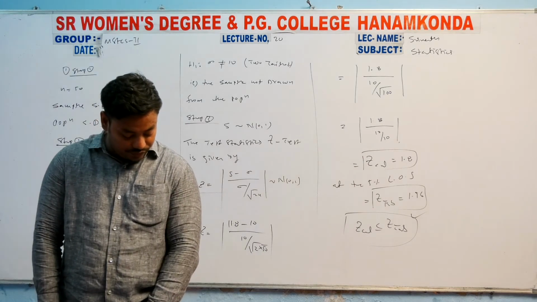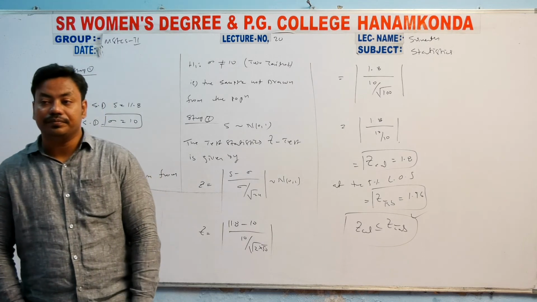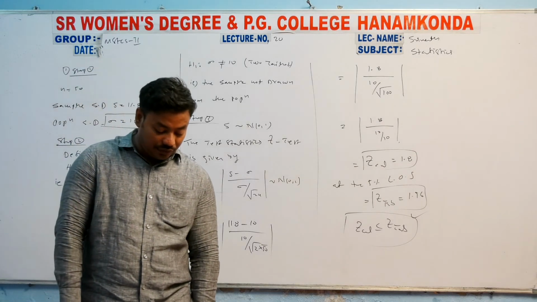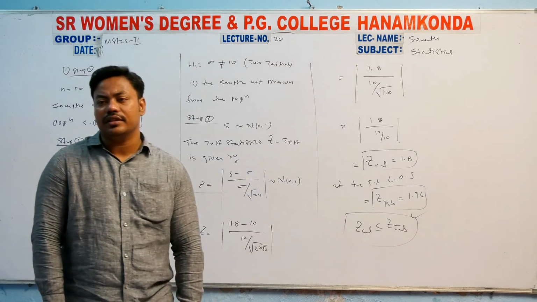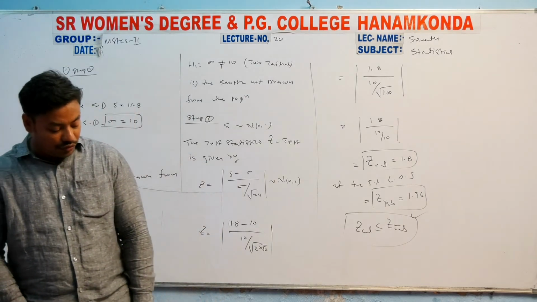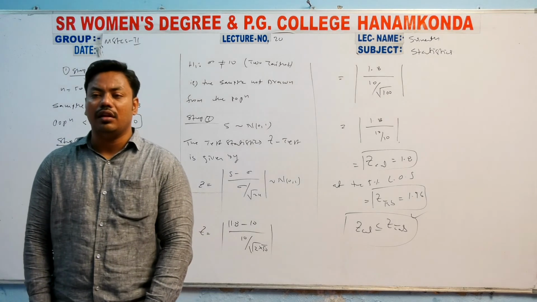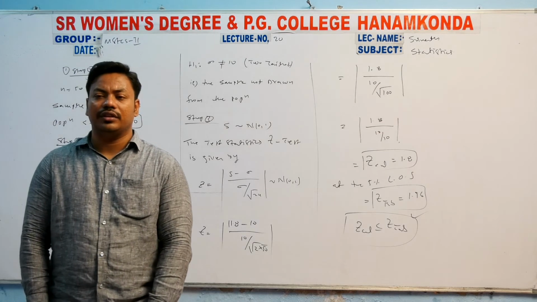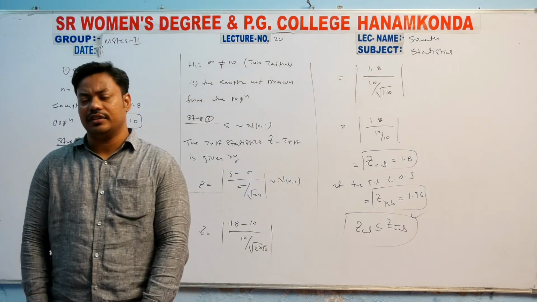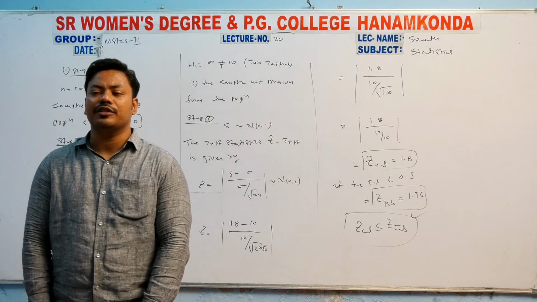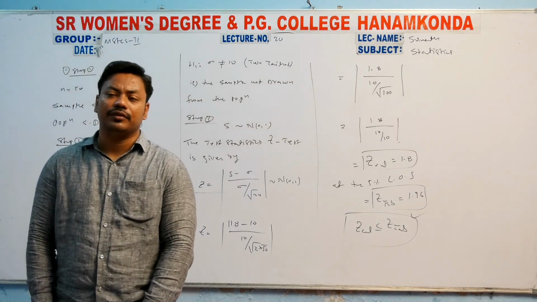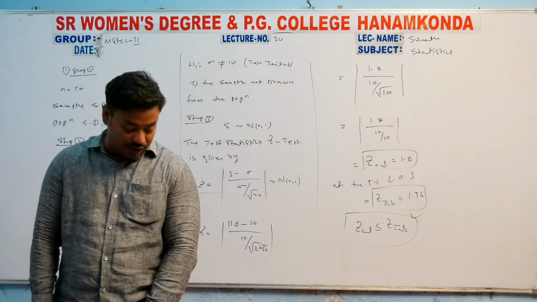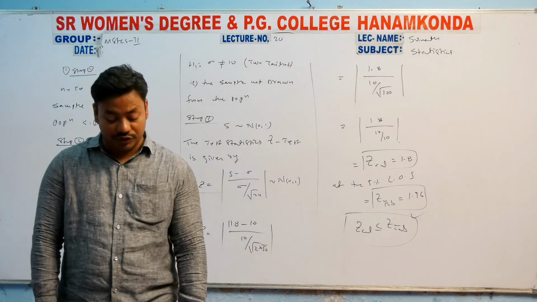So here the conclusion: Z calculated value is less than Z table value, so we accept the null hypothesis H0. The result of this test is that the sample is drawn from the population with that standard deviation.